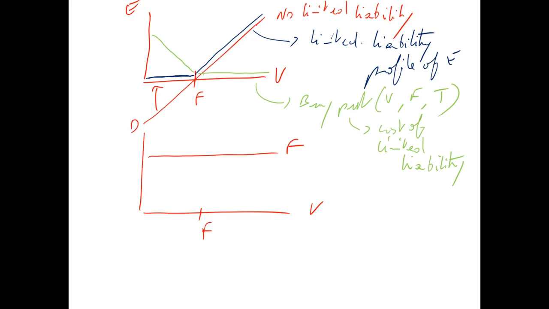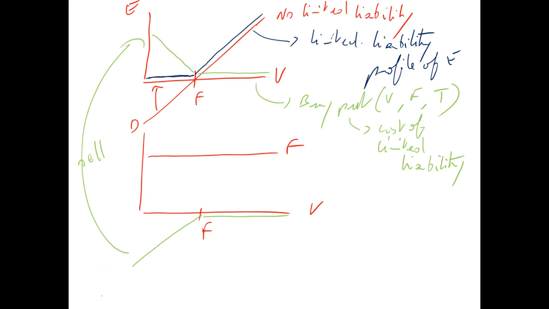Okay, you see that the red and the green give you the black. And of course, who is selling the put? The ones selling the put are those guys. That is to say, here, you sell the put to the equity holders.